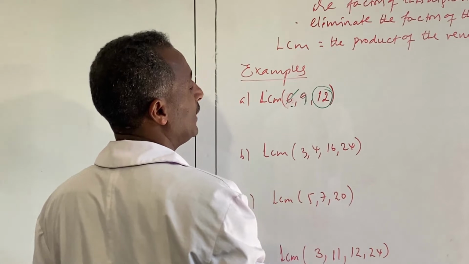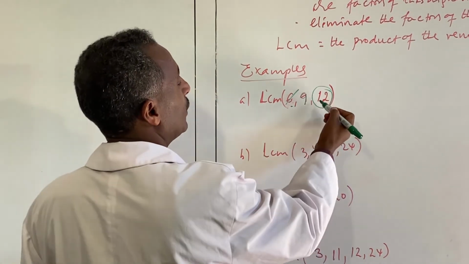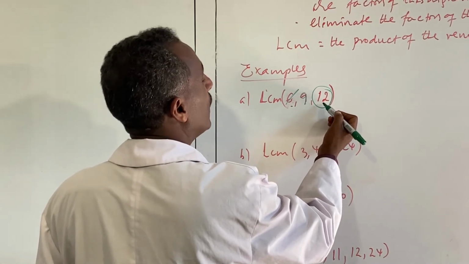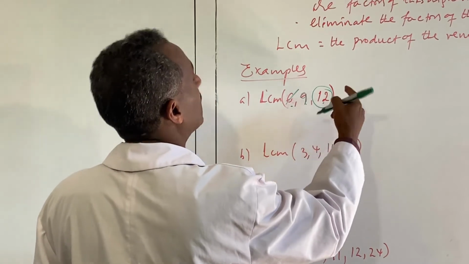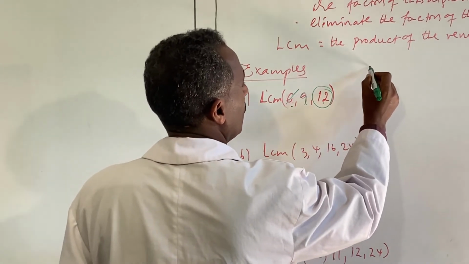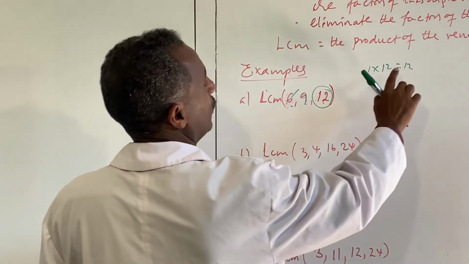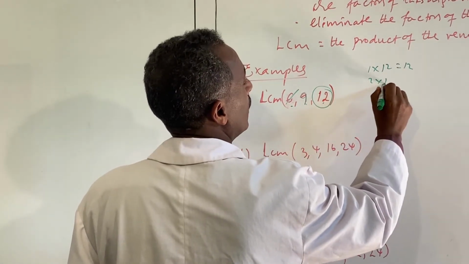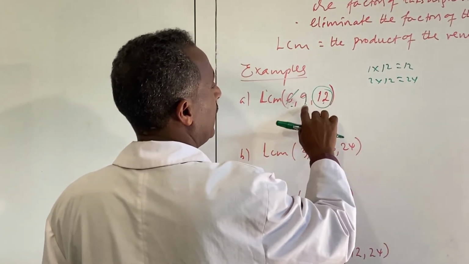ማለት ነው። ስለዚህ ከ12 ብዜቶች መካከል የ9 ብዜት የሆነውን ነገር. For example, 1 times 12 is 12. 12 is not a multiple of 9, we leave it. 2 times 12 is 24. 24 is not a multiple of 9, we leave it.